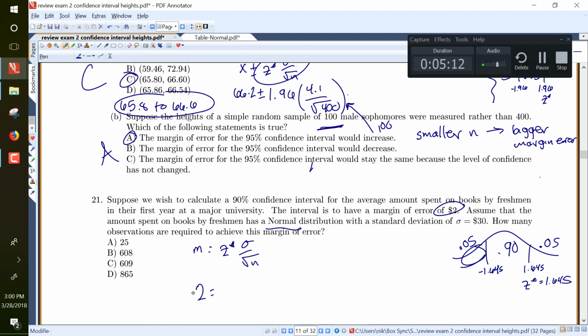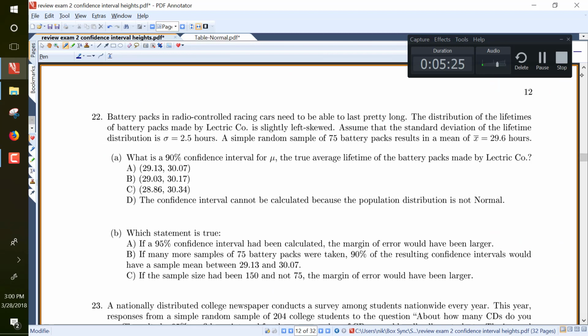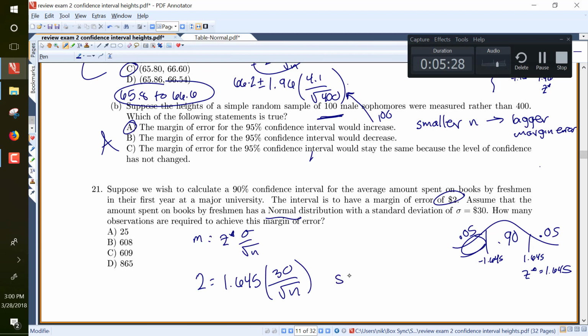So let's see, we want our margin of error of 2 is equal to z star of 1.645 times sigma, which is 30, divided by the square root of n. N is the only thing we don't know. So now we just solve for n. And to do this, you just pretend you're back in an algebra course again, and let's multiply both sides by the square root of n. So 2 square root of n equals, and let's put 1.645 times 30 in our calculator.